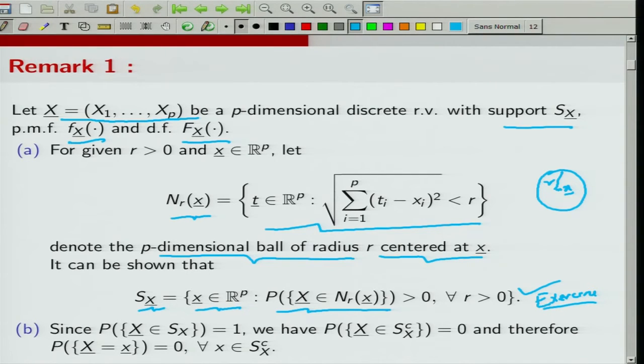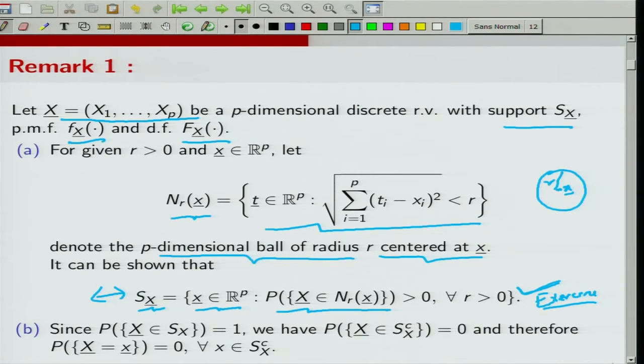The reason I am giving this exercise is because when we talk about continuous or absolutely continuous random variables, we will define support in this way only, because we have seen in the case of a one-dimensional random variable, probability X equal to x would be 0 for a singleton x. So, there I will define support in this way.